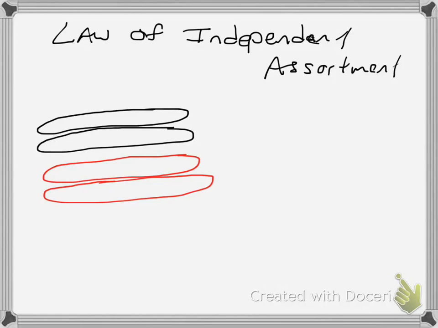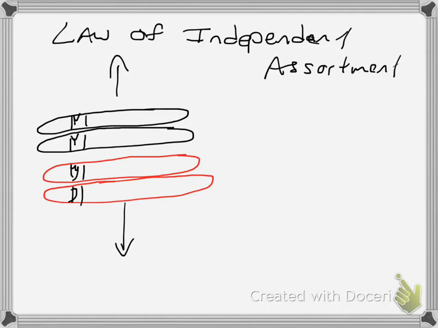So we'll make this our location, and let's say this is a heterozygous individual for seed color, yellow versus green. We have capital Y on the paternal, and lowercase y, or green, on the maternal chromosome. So the law of segregation would say that we have to separate these different alleles.